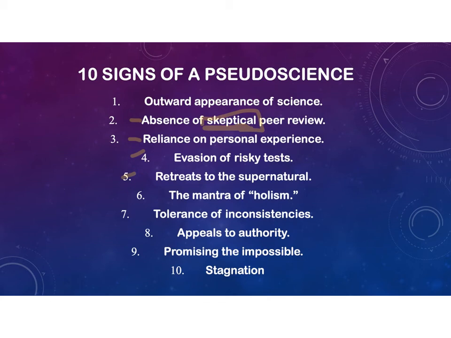There's also the mantra of holism, and what this is referring to is nowadays, especially with a lot of alternative medicines and such, they talk about things being holistic, like we treat the whole body, we treat the whole person. But one of the problems with that is, one thing you learn in real science is that everything is specialized in science because every little part of the world is complicated. Psychology is complicated.